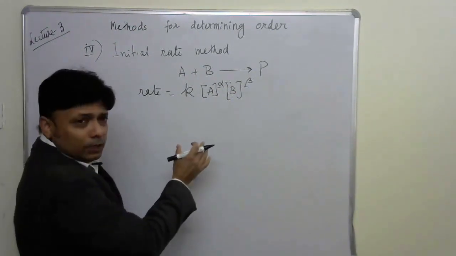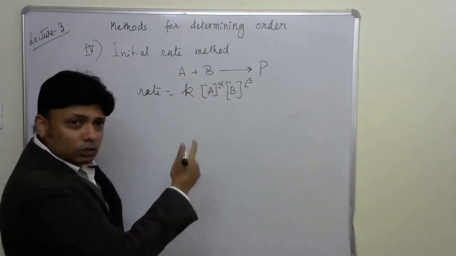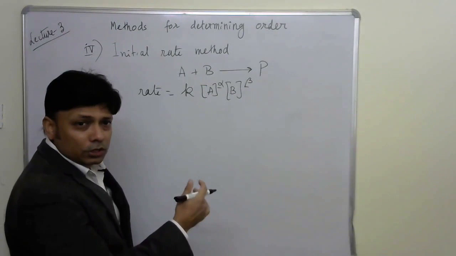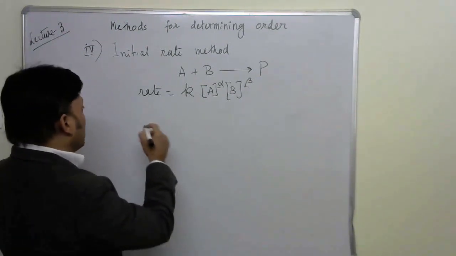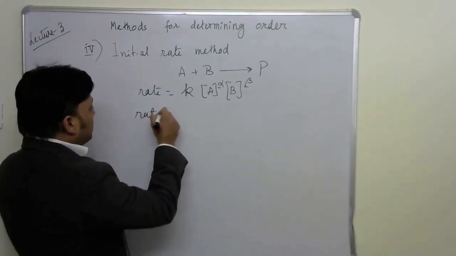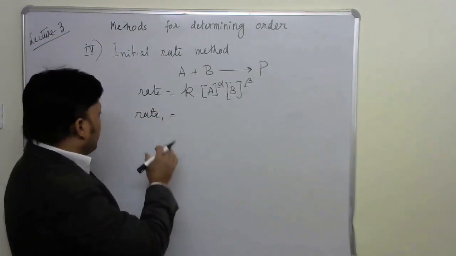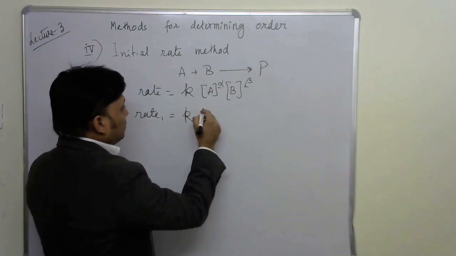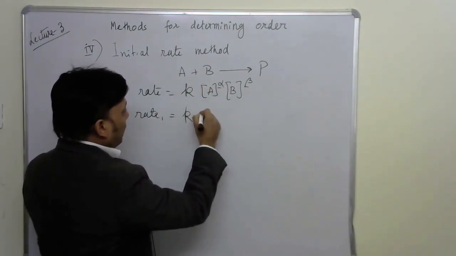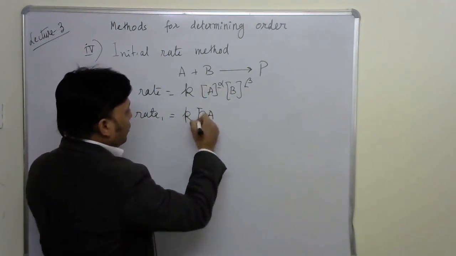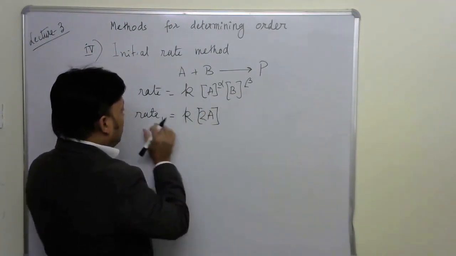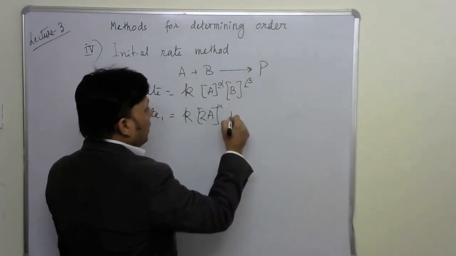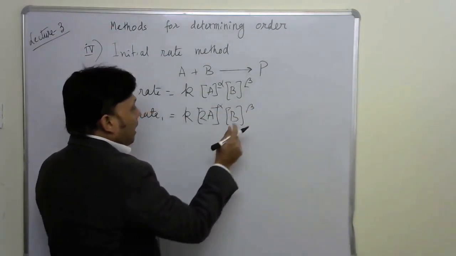So what we do is run the reaction twice with 2 different initial concentrations of A. For example, let's run the reaction with double the concentration of A, and we measure the initial rate, rate 1. The initial rate can be expressed something like this.